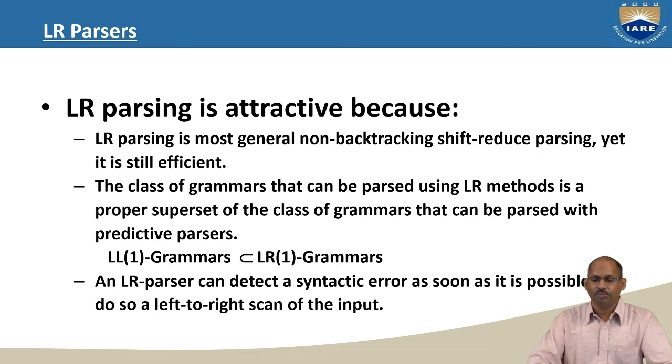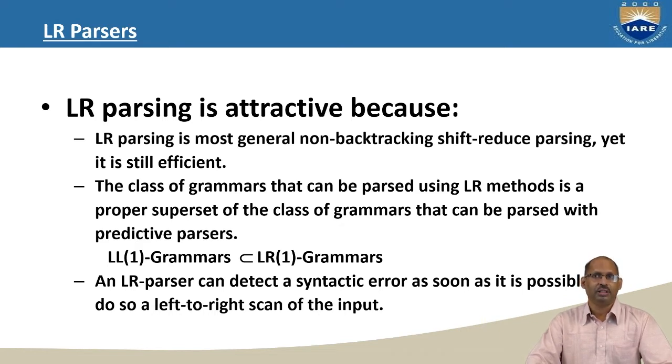Here, this is the most general non-backtracking shift reduce parsing method. Previously we have seen what backtracking is, but here it is the example for a non-backtracking shift reduce parsing method. It is an efficient parsing method for the construction of parsers.